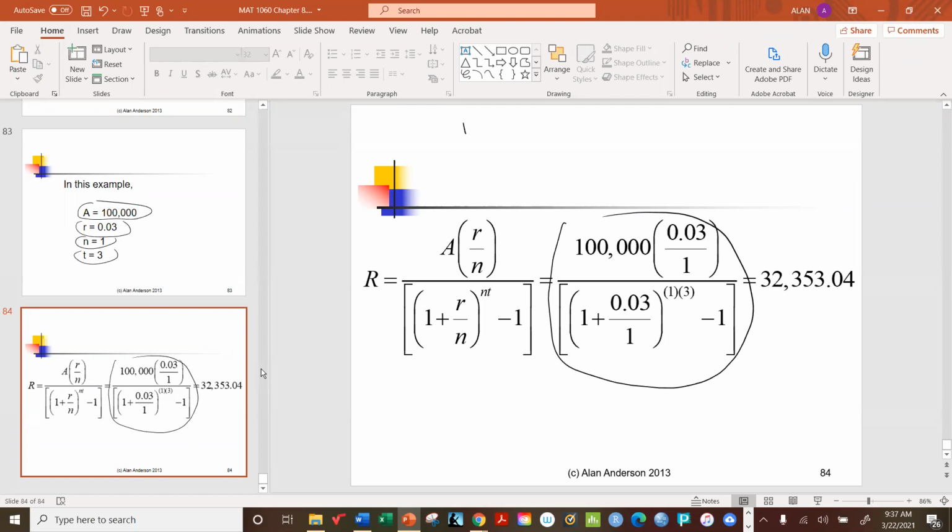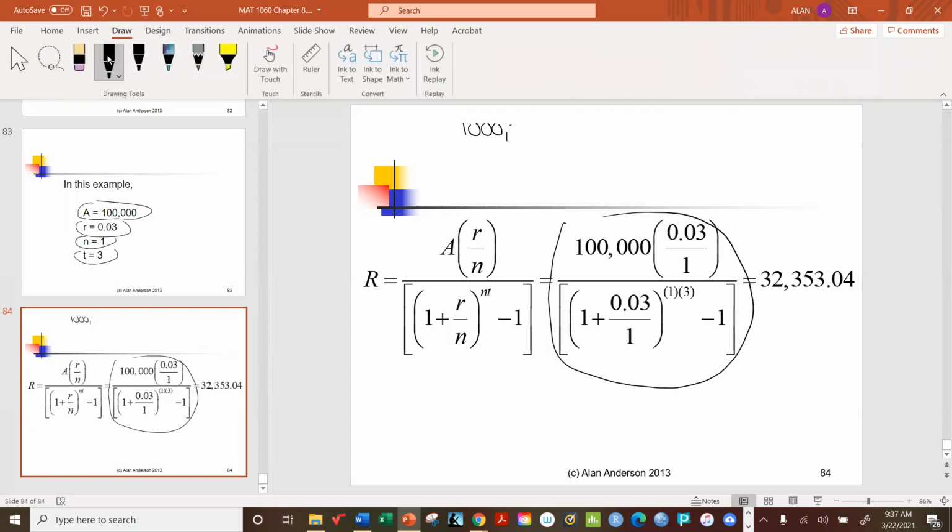This is actually the equivalent of 100,000 times 0.03 divided by 1.03 to the third power minus 1.